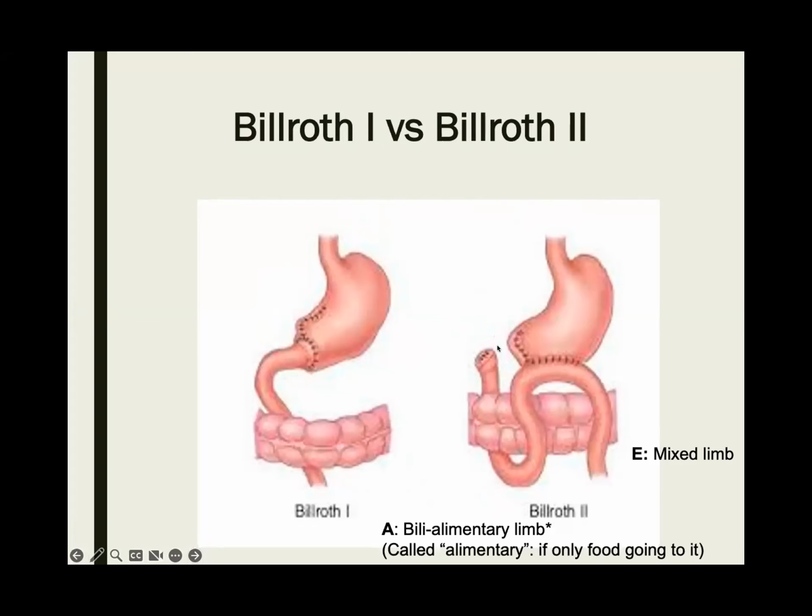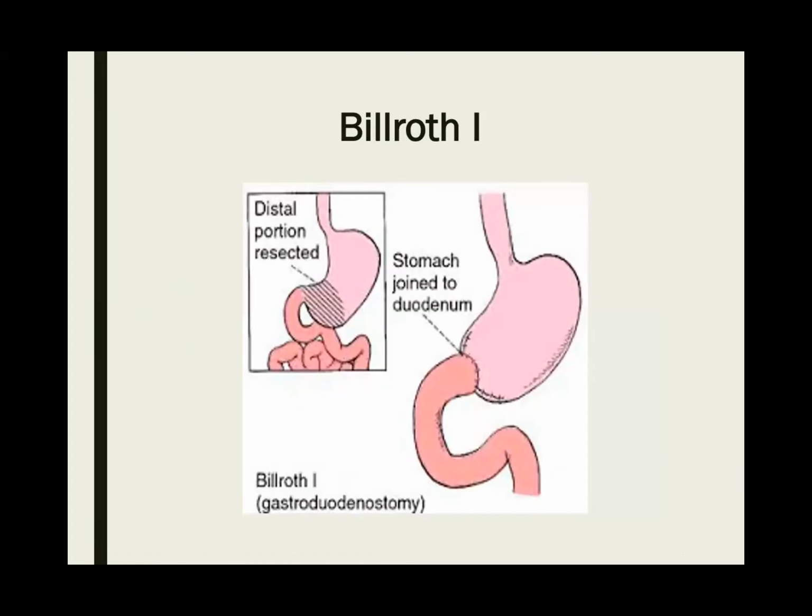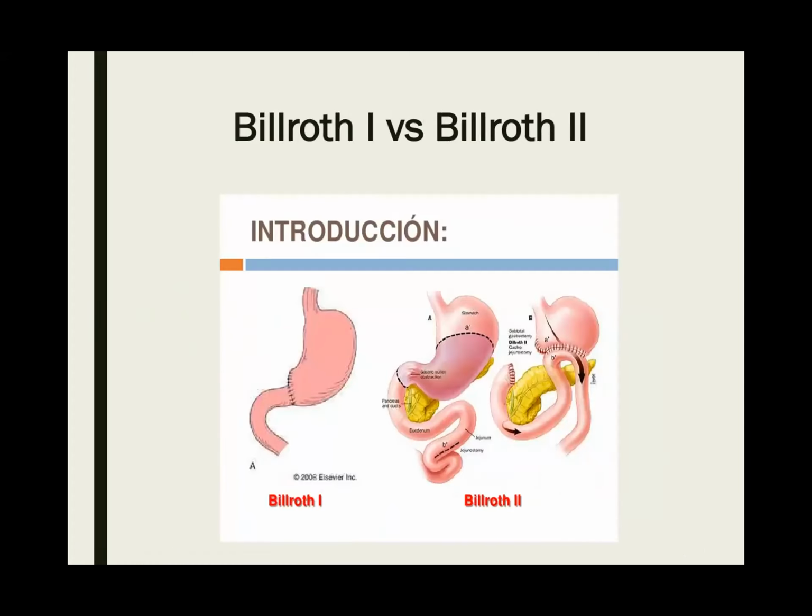And this duodenal stump. So this is what we call a gastrojejunostomy, okay? And this is gastroduodenostomy. So these are the two differentiations between Billroth 1 and Billroth 2.